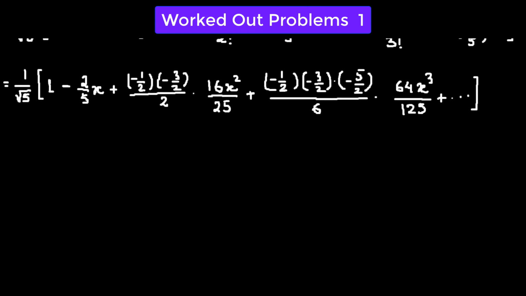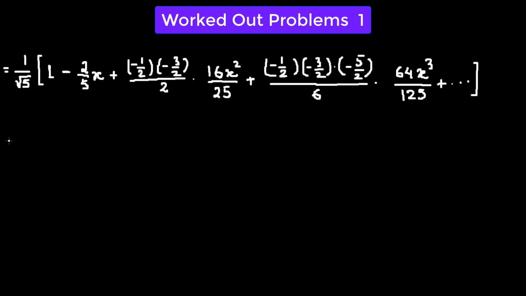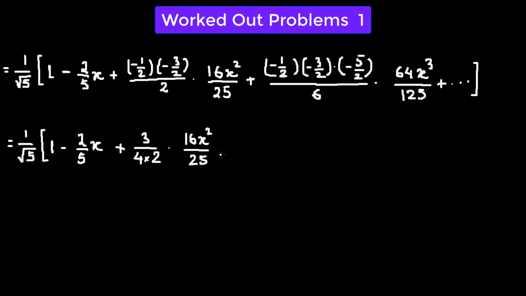Now we further simplify it, and that should give us 1 over square root of 5 whole multiplied to 1 minus 2 over 5 times x. So we have 3 over 4 in the numerator times 2 times 16x squared over 25.